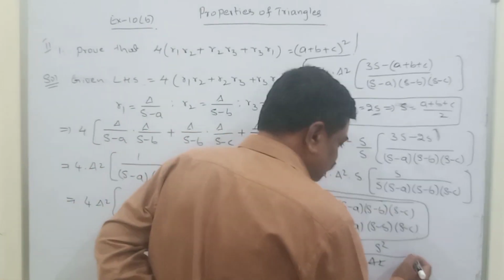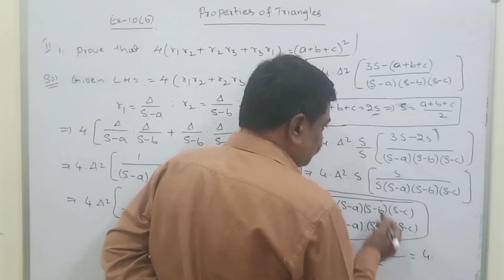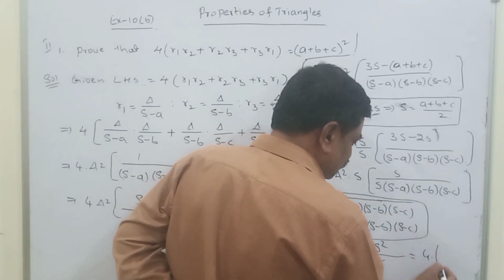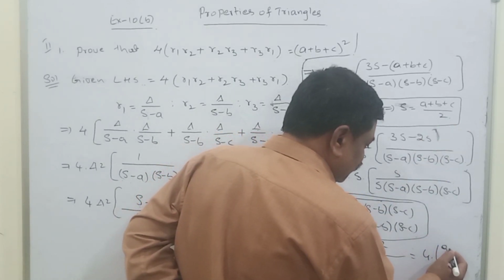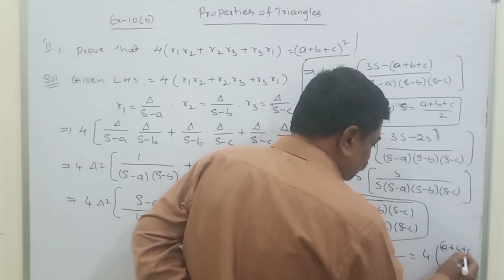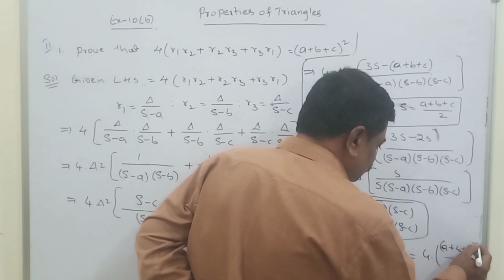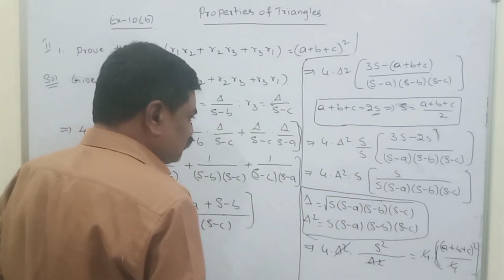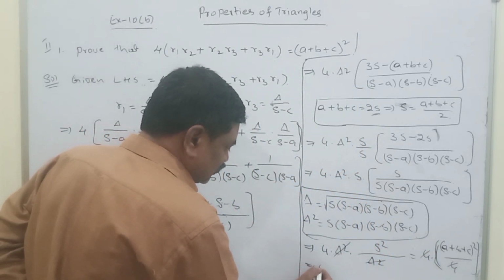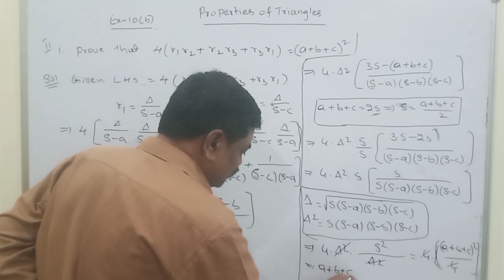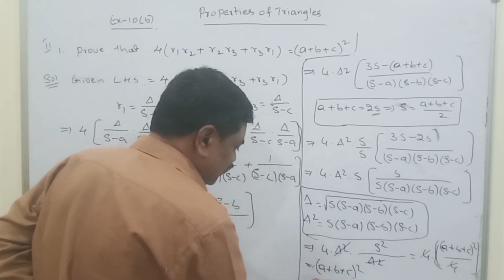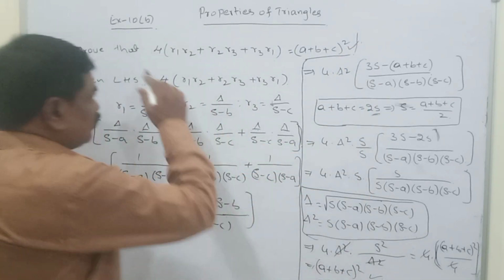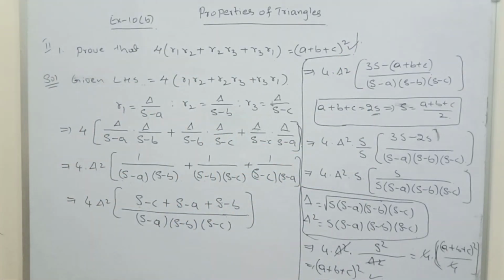Delta square cancels. Then 4 into s square is equal to what? We know that s square means (a plus b plus c) whole square by 4. Okay, all of you, so 4 cancels. Then what we will have? This implies (a plus b plus c) whole square only. This is the RHS, the conclusion of the problem. Okay, all of you. That's all.